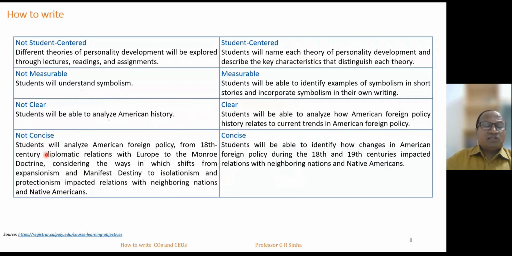Rather than this big paragraph, you can simply say students will be able to identify how changes in American foreign policy during the 18th and 19th century impacted the relations with neighboring nations and Native Americans. So it must be concise. This is just an example. You can't write big paragraphs or more and more statements in a single outcome or objective.